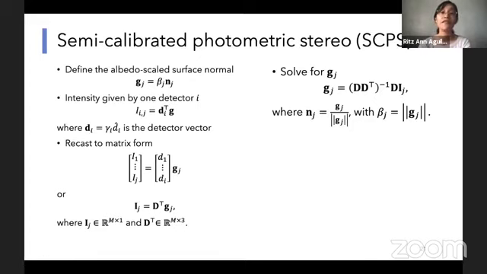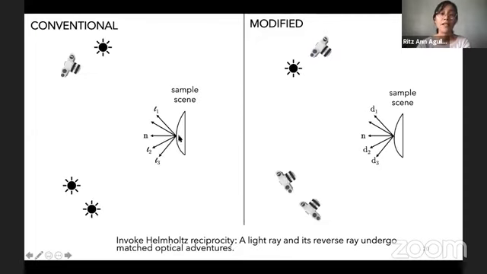For the mathematical formulation, first you want to define the albedo scaled surface normal. So let me just go back here. The surface normal vector is this one, for example, for this particular point on the surface, and you want to record this for all the points on the target scene.